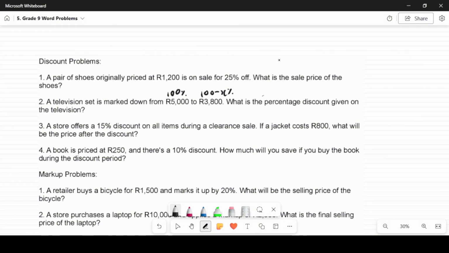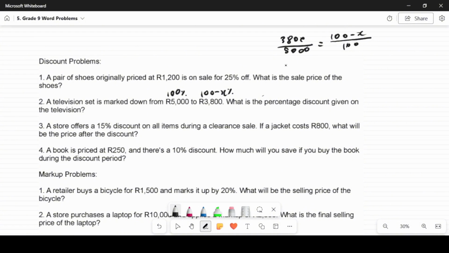So we can say that 3,800 over 5,000 must equal 100 minus X over 100. Now the percentages will both cancel, right? If I divide by 100 on the numerator and the denominator, it'll cancel.